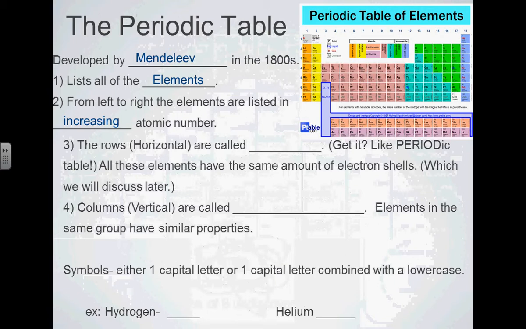These horizontal rows, we call them periods. We'll learn about electron shells later on in the unit, but anything in one period has the same number of electron shells.